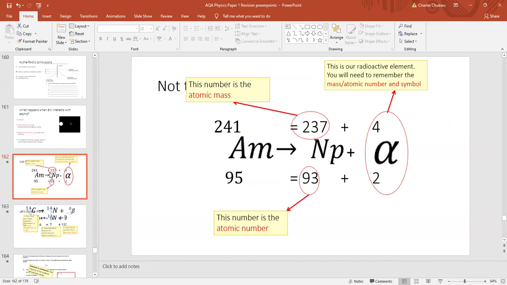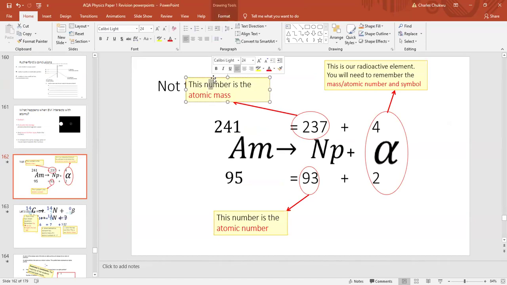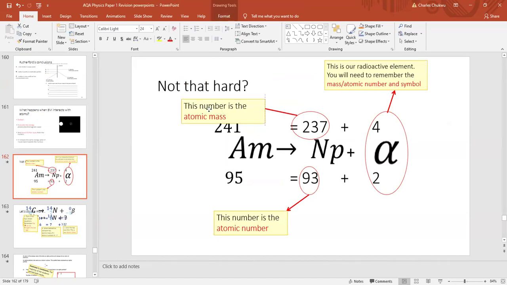Can you see that this is an example of alpha radiation? Do you understand why it's alpha radiation? If I was to ask you, what would make this alpha radiation?